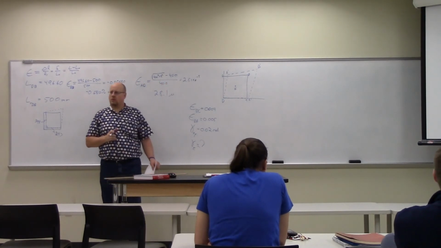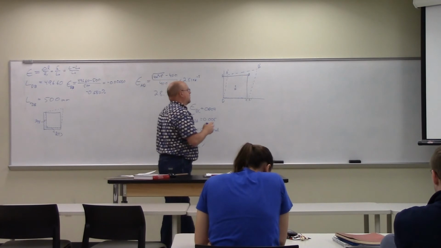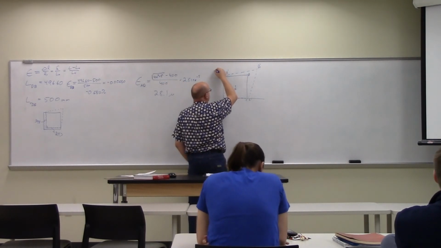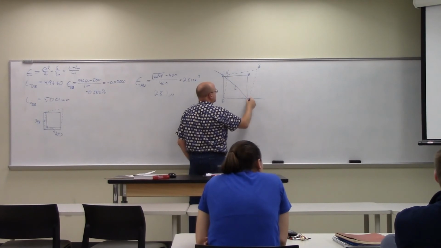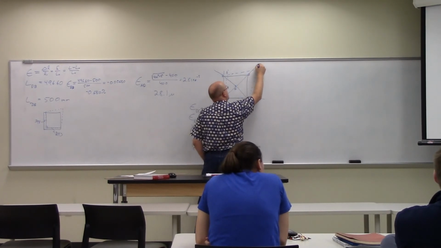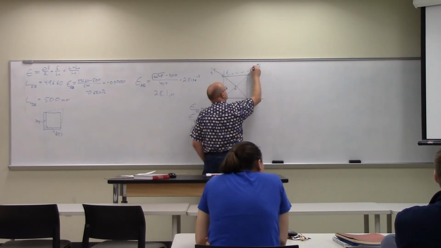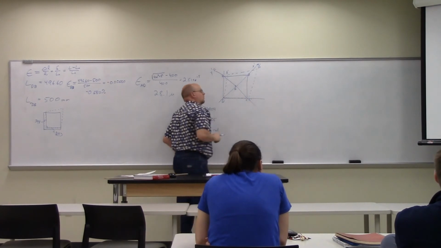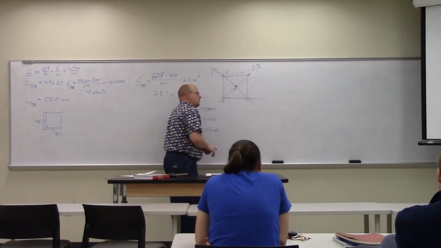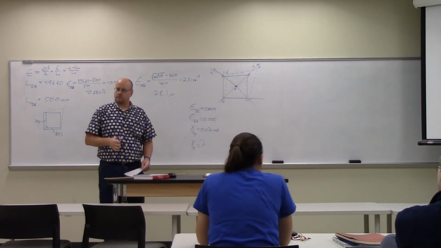So everybody understand what they mean? So the X prime and Y prime axes are essentially 45 degrees from the base axis, x and y axis.